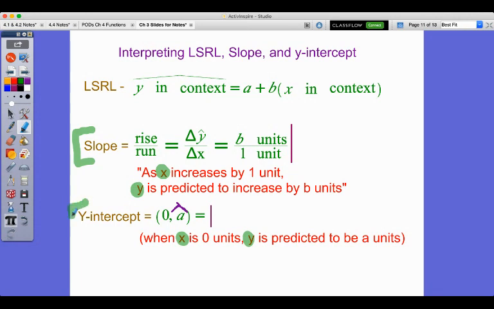This is always meaningful, but sometimes doesn't make realistic sense, because do shoe sizes go down to size 0? I don't believe so. In which case, it might be weird.